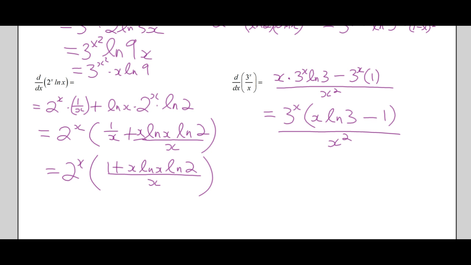All right, so 3 to the x times x ln 3 minus 1 over x squared, and I guess you could write x ln 3 as ln of 3 to the x. So that's a possibility, right? Just be aware of what variations of this there are and which one you're going to choose.